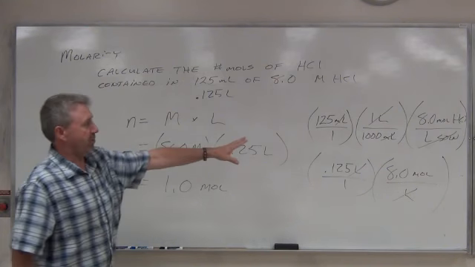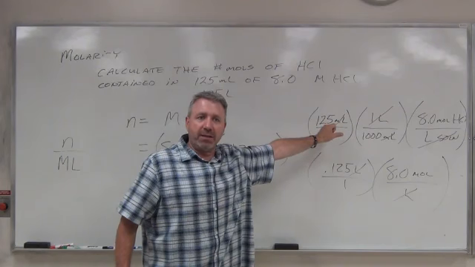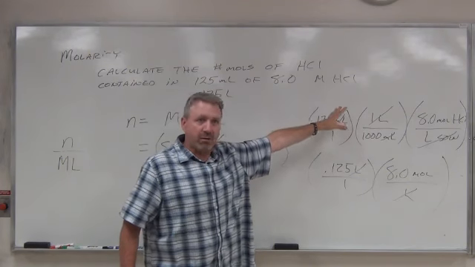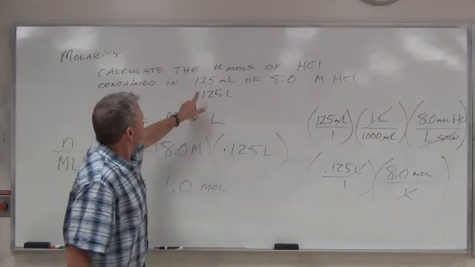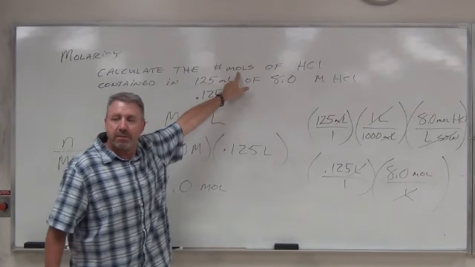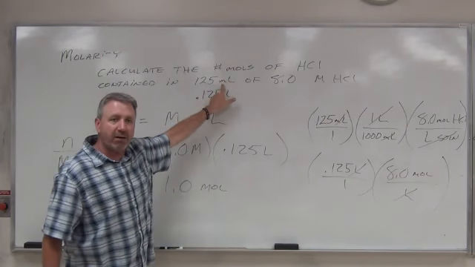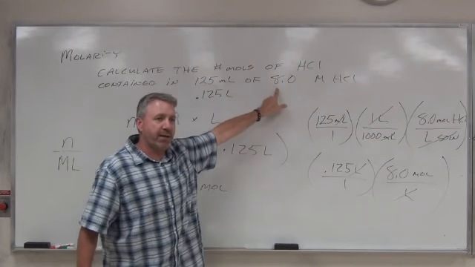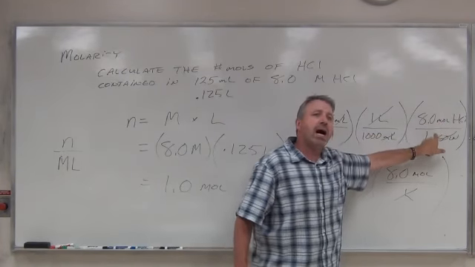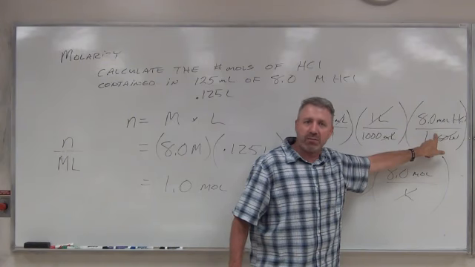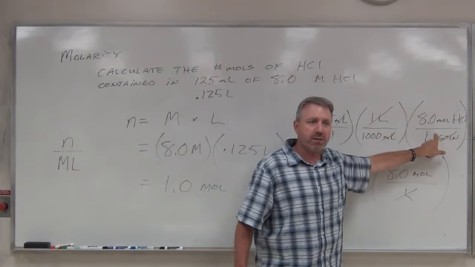One method is showing you how to use dimensional analysis and use your molarity as basically a conversion factor. If you're asked for moles and you have volume, you can use molarity, because molarity is moles per liter. Its whole job is to convert between moles and liters.